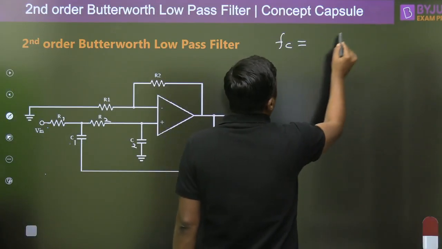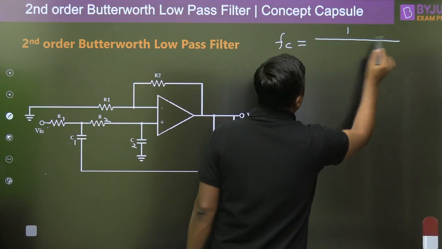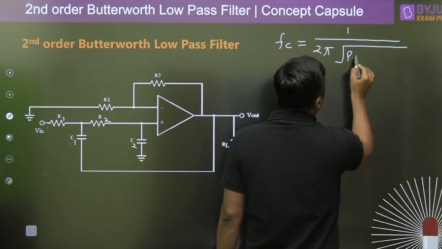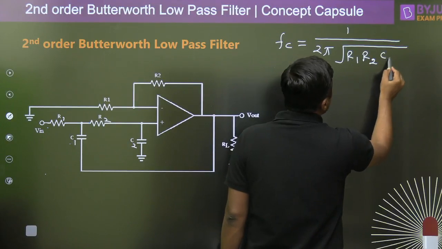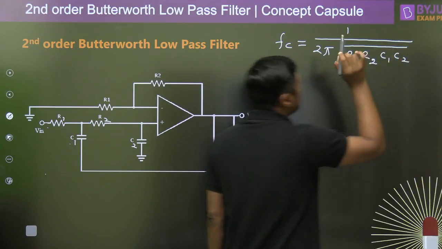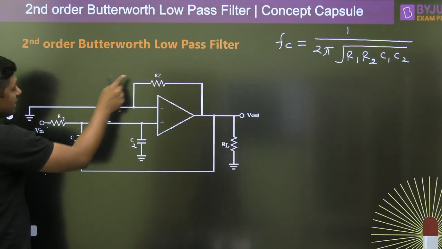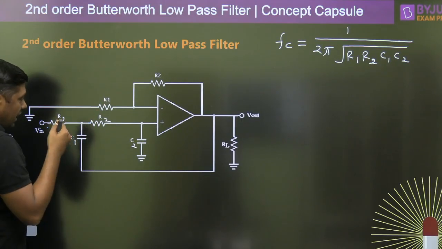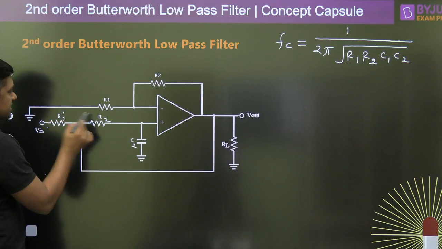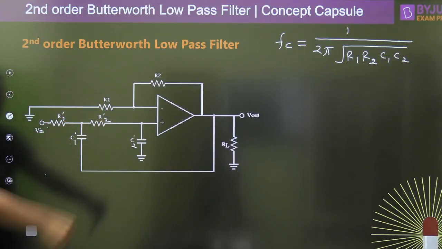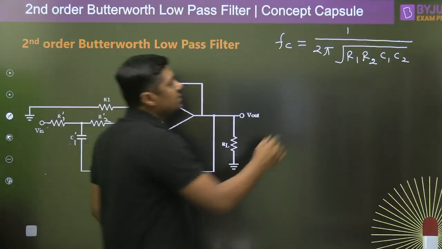FC is equal to 1 by 2 pi root over R1, R2, C1, C2. That will be the answer if these are different values. Now you can get confused with this R1 and R2, and that's why I have to put dashes here. Please put the dashes here.